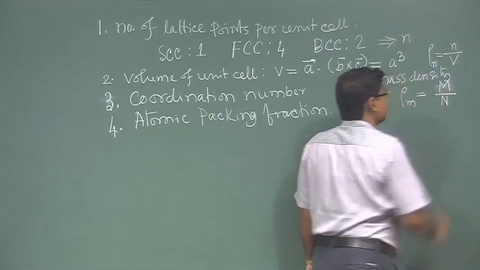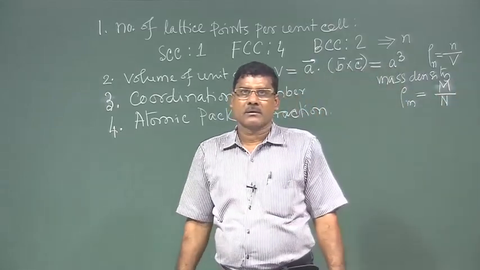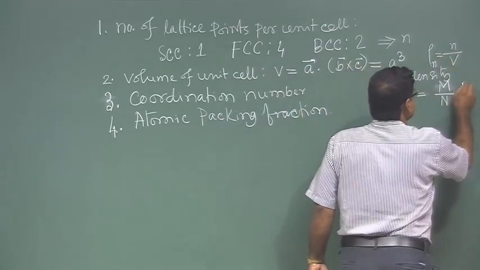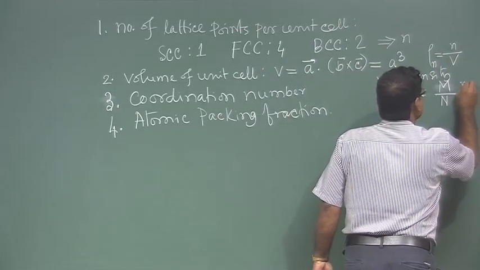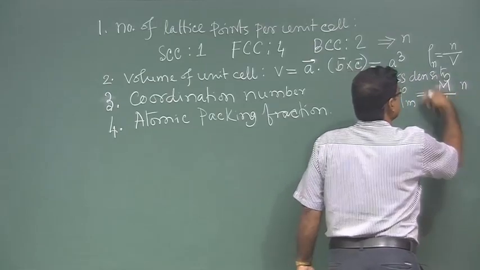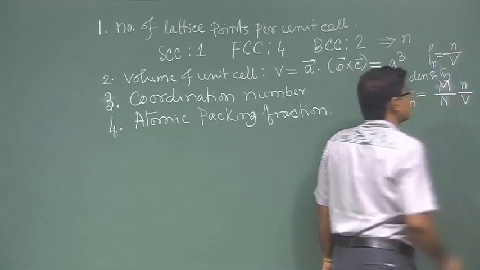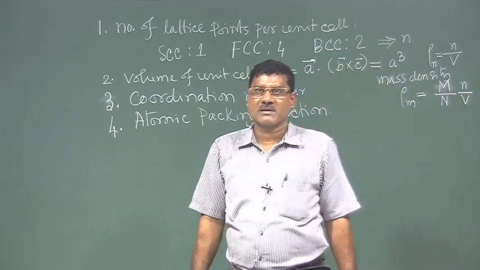So, that will be the mass of one atom. So, here how many atoms are there per unit cell? This n. So, that will be the mass of this n number of atom divided by volume. So, mass per volume. So, that will be mass density.